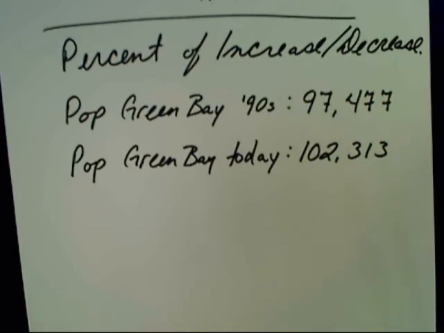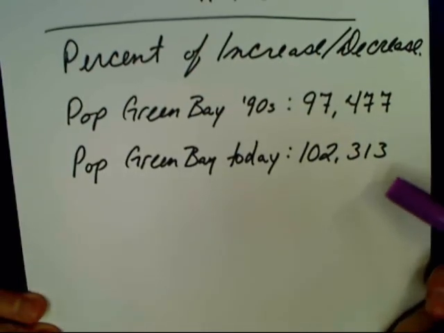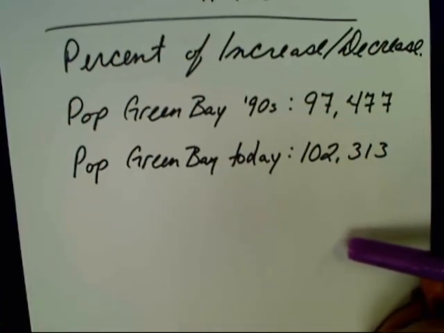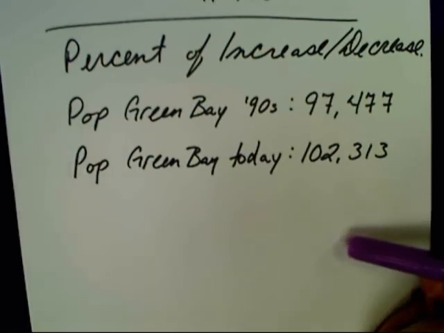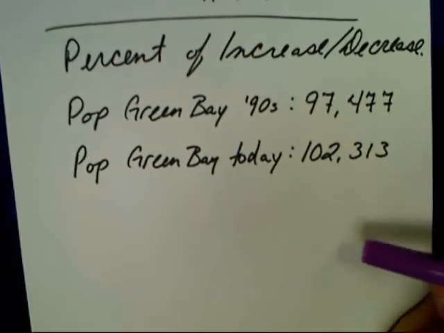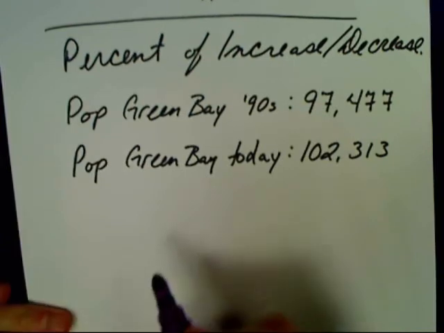Now, if I want to find the percent of increase, the key thing that I need to remember in this problem is that I don't know how many people it increased by. So I can't find the percent that's attached to how much it increased by until I find out the amount of increase. How many more people are there living in Green Bay today than there were in the 90s? In order to find that, we have to subtract.